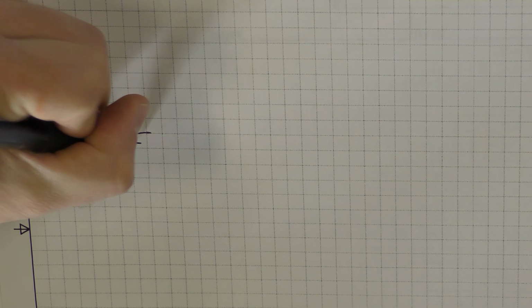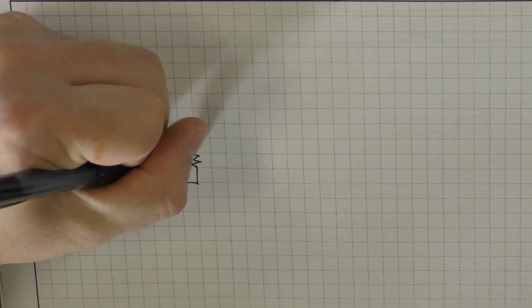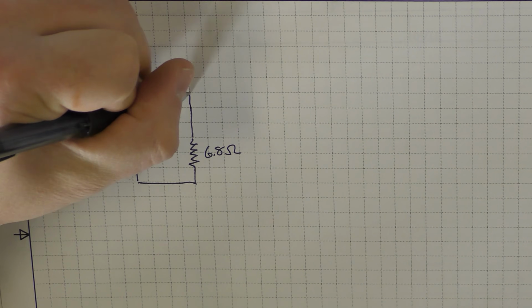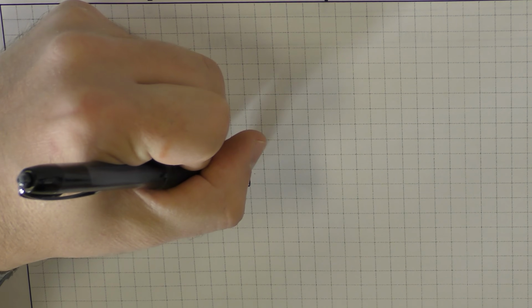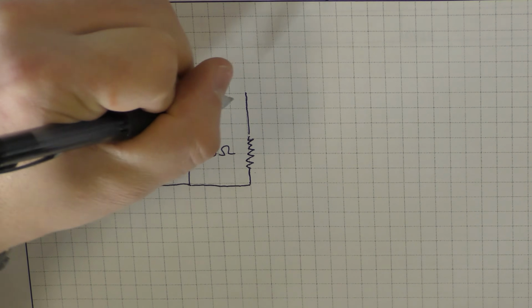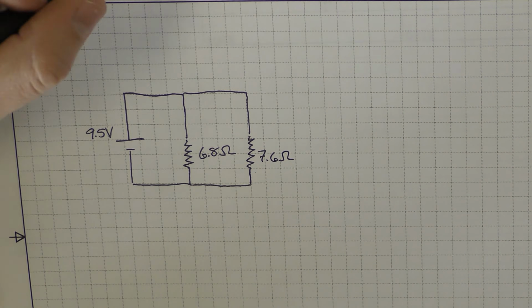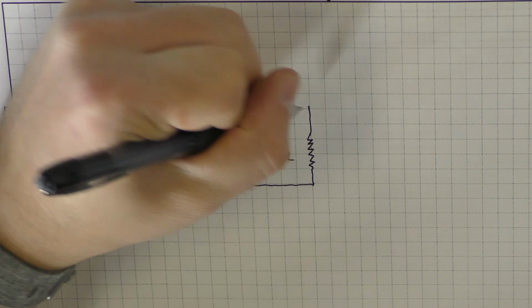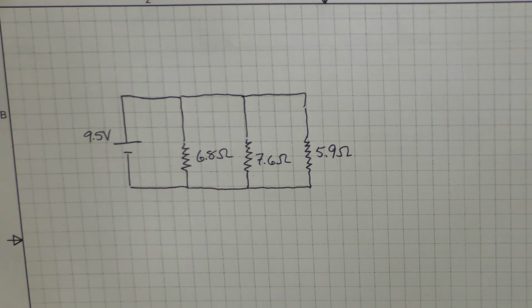Let's say that I have a 9.5 volt battery connected to a 6.8 ohm resistor in one loop, a 7.6 ohm resistor in a second loop, and a 5.9 ohm resistor in a third loop.